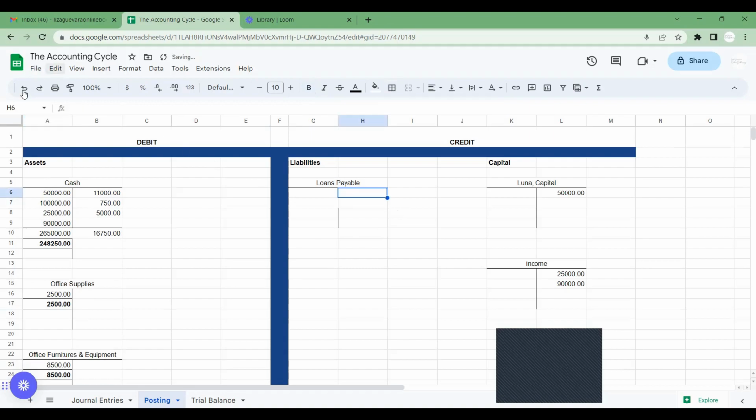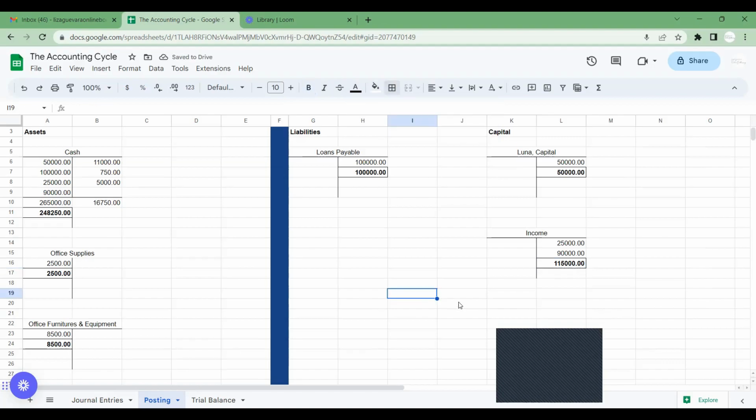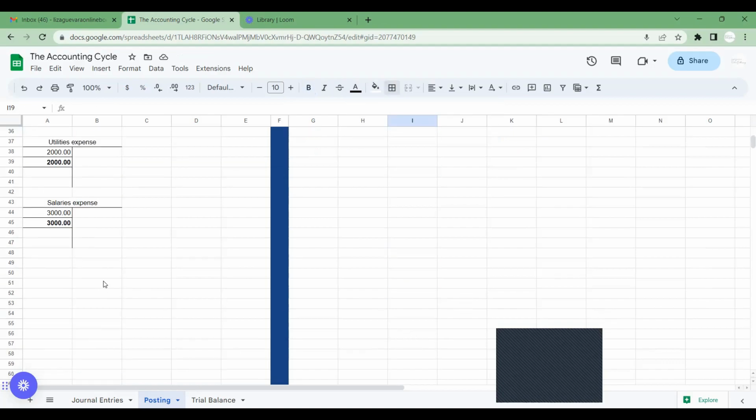Your loans payable, the same. Luna capital, the same. And your income amounts to 115,000. That will be our income for the month of May. Okay, so let's go ahead and add everything.